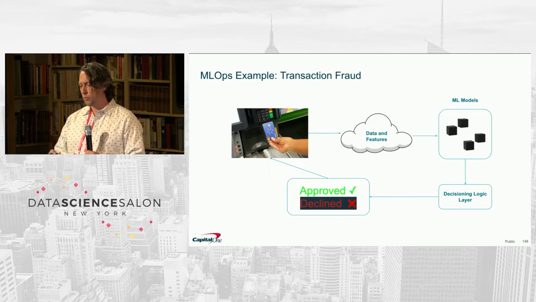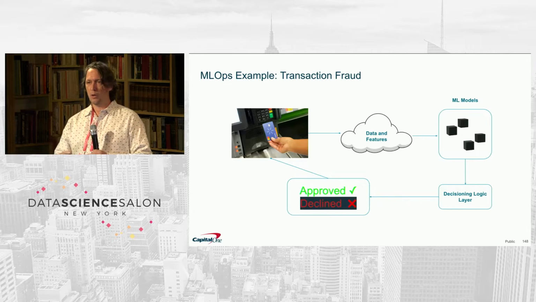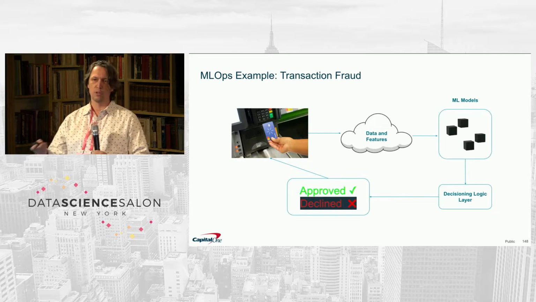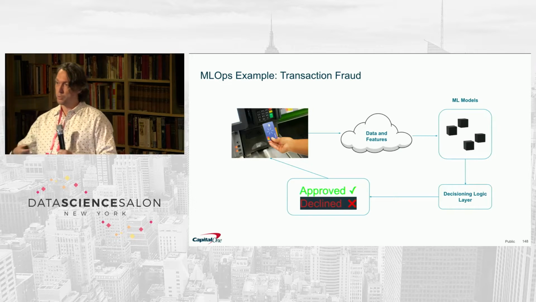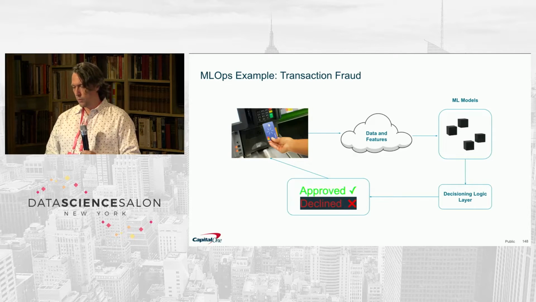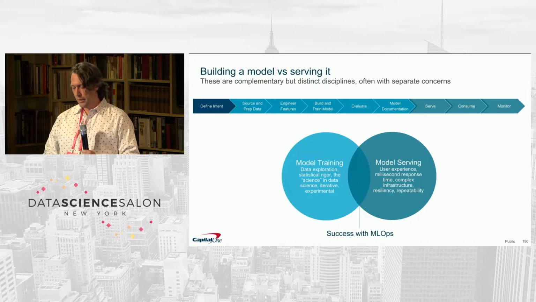Now that doesn't just require the ML model, but it requires you to do all the data pipelining and the feature engineering, and then making on the fly with low latency a decision of approving or declining a transaction, making sure that the customer has a great experience as they're using your product. So this is really where we're focusing on.